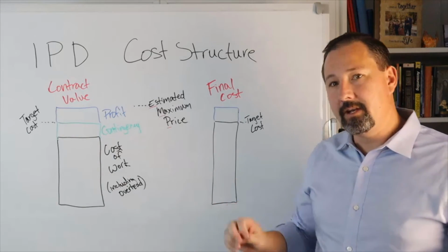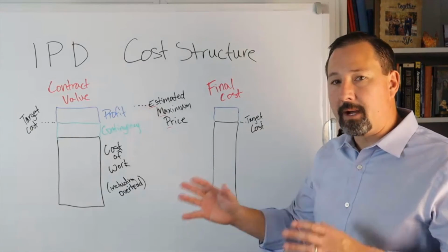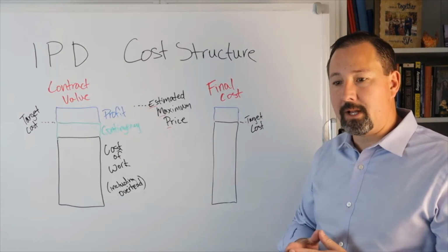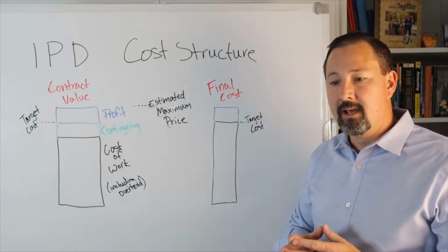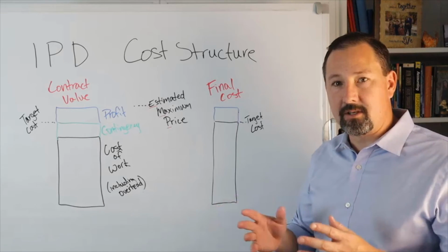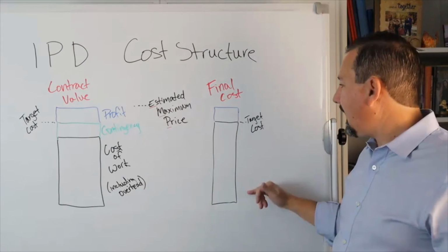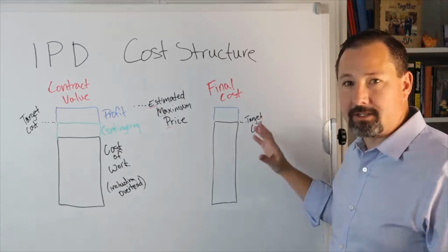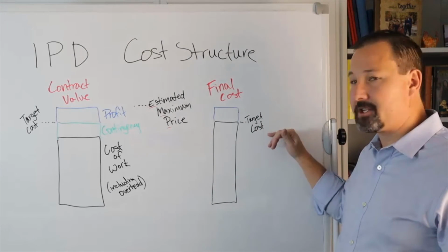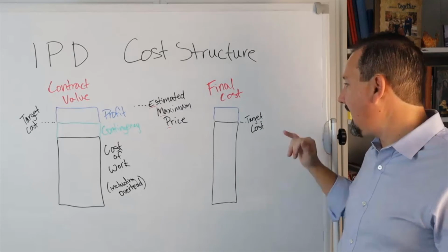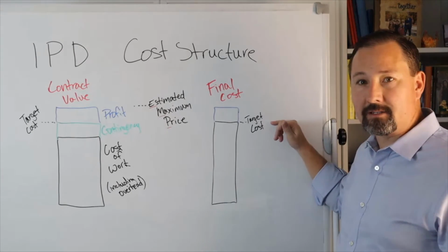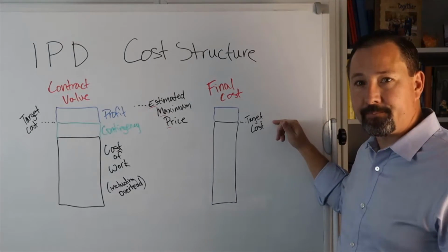Now, in a later video, we'll go into more detail about how these risk and reward plans get set up and what the contingency percentages and the risk reward splits look like. But at a high level, regardless of what the structure is, there's generally a shared savings or a loss of profit depending on the actual cost and how it compares to this target cost line item.